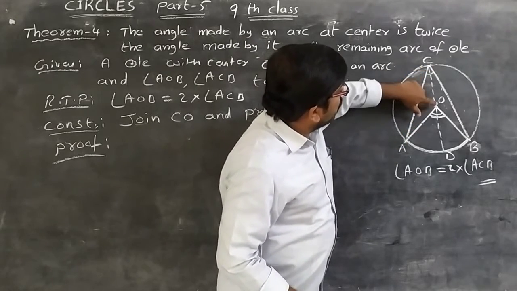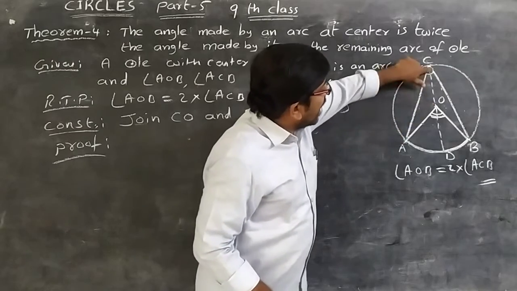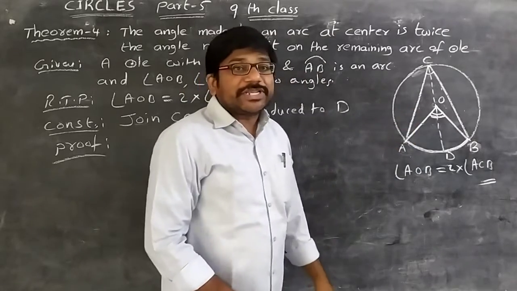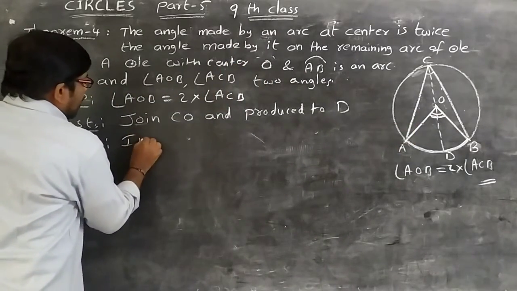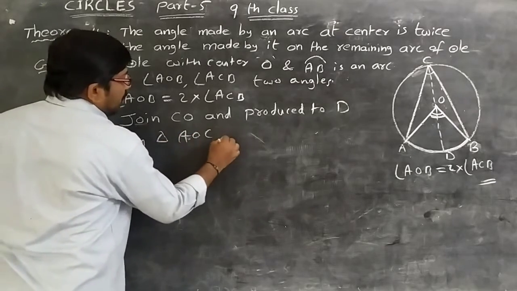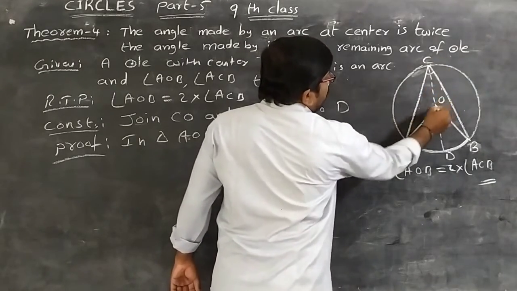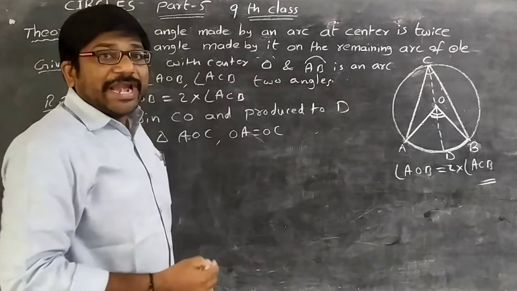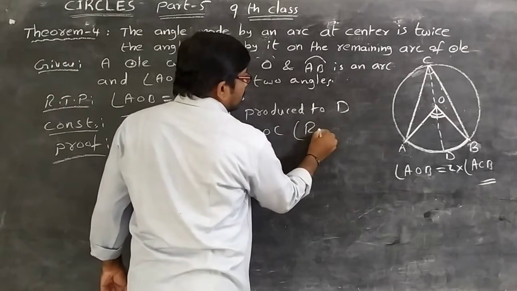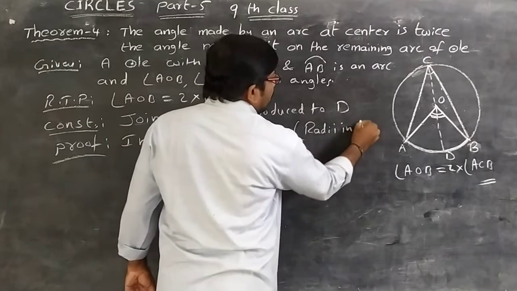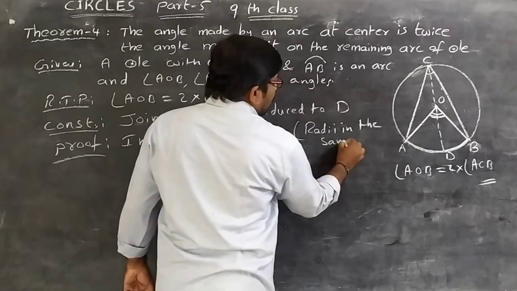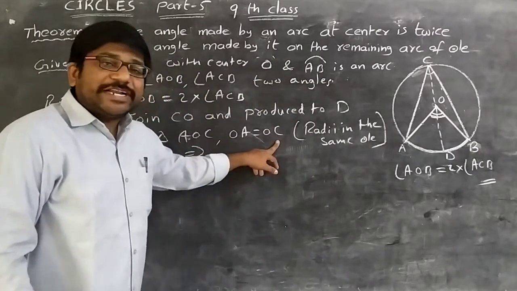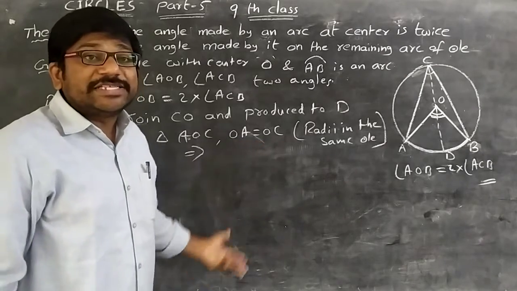In triangle AOC, OC is equal to OA, radii of the same circle. In this triangle two sides are equal, so it is called an isosceles triangle. If two sides are equal, then their opposite angles are also equal.